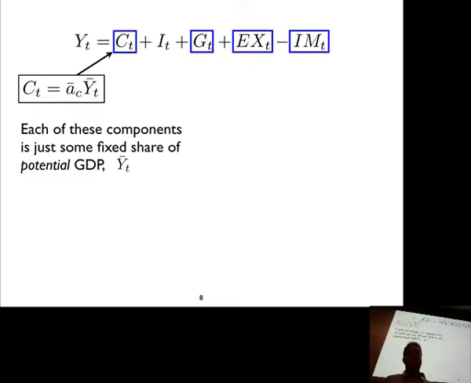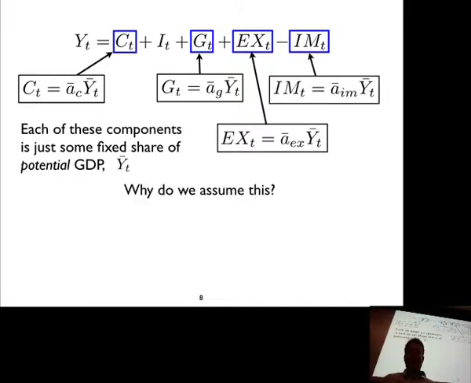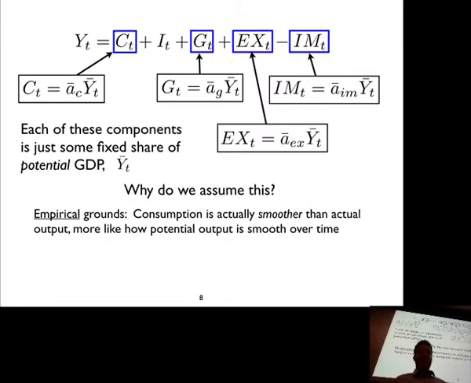So consumption is 64% of potential, and that's a pretty reasonable thing to do. Government is also going to look like that, and again it's 20% of potential. So all these things look exactly the same. Exports is going to be its long-run share, I think that was 9% of GDP. Imports are 11%. And why?